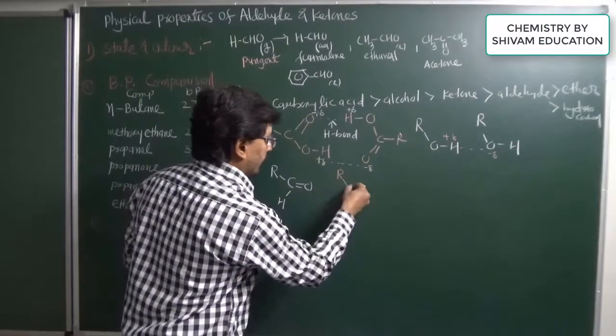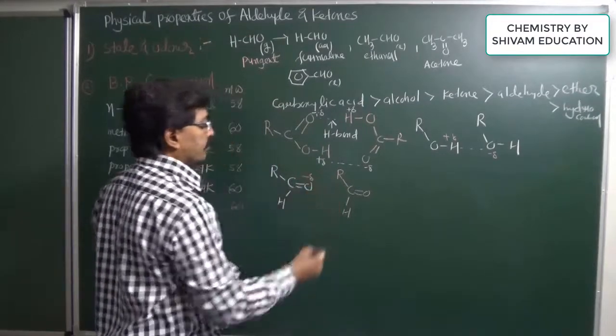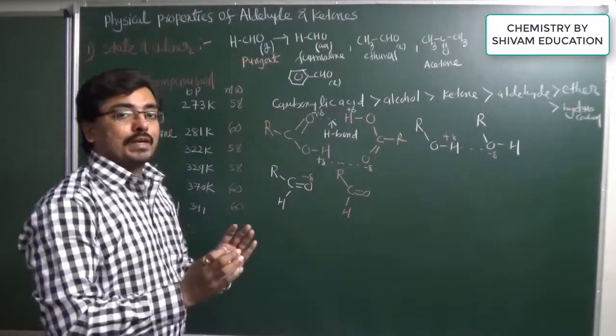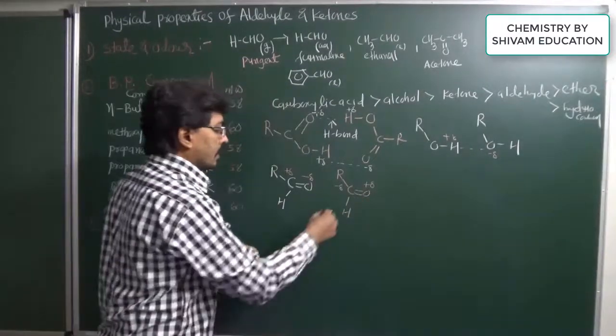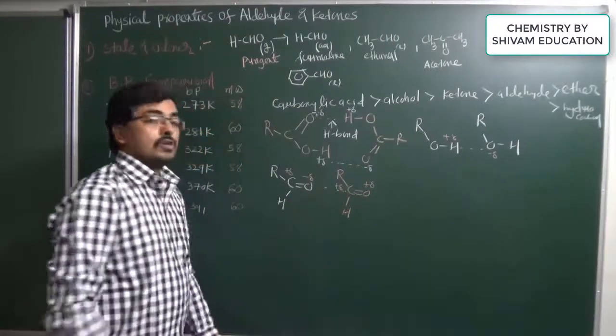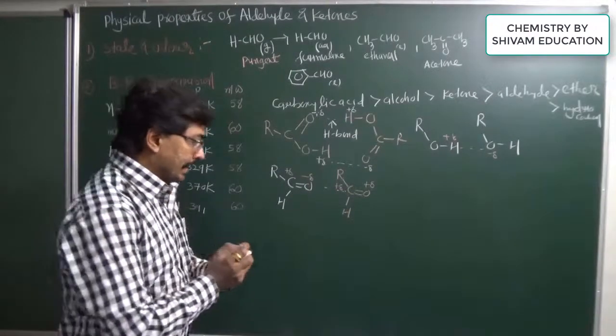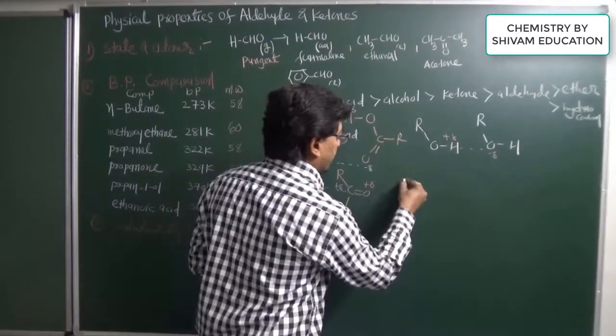So in the case of aldehyde, there is no possibility of formation of hydrogen bond. There will be only weak dipole interaction. The carbonyl carbon has a partial positive charge, oxygen has a partial negative charge. So in the case of aldehyde or ketone, there will be a weak dipole interaction.